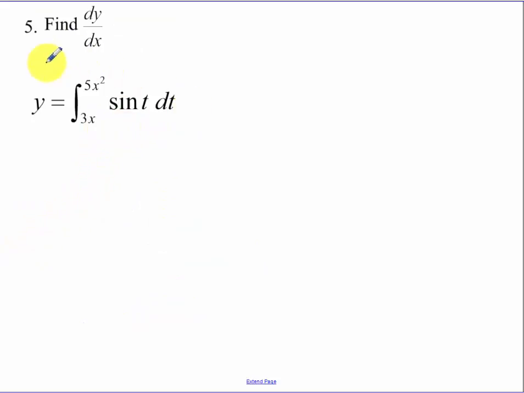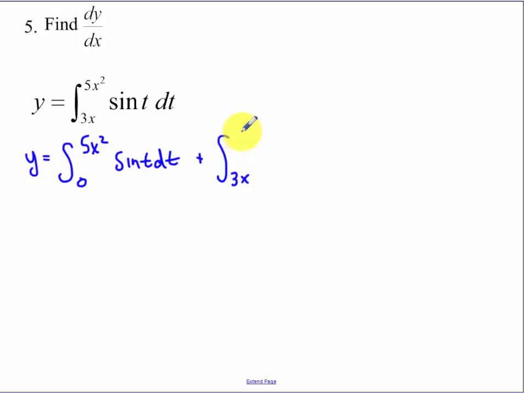The next example, I have to find dy dx, but I have functions in both limits. So what I need to do is separate this out. I need to set up basically a dummy variable or a dummy a. So I'm going to take the integral from 0 to 5x squared of the sine of t dt plus the integral from 3x to 0. Because remember, I can separate that out, and I just came up with some number.